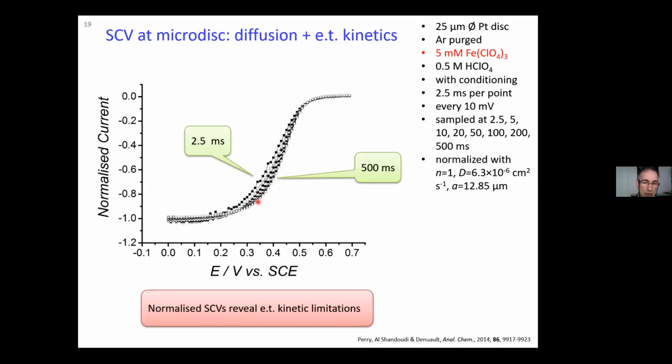And what's interesting is that whereas they all reach the same normalized current plateau, the rising part of the wave is now clearly moving from these potentials at long sampling times to these potentials at short sampling times. So what we see here is that the normalized sample current voltammograms reveal the kinetic limitations arising from the rate constant for electron transfer for this particular couple.